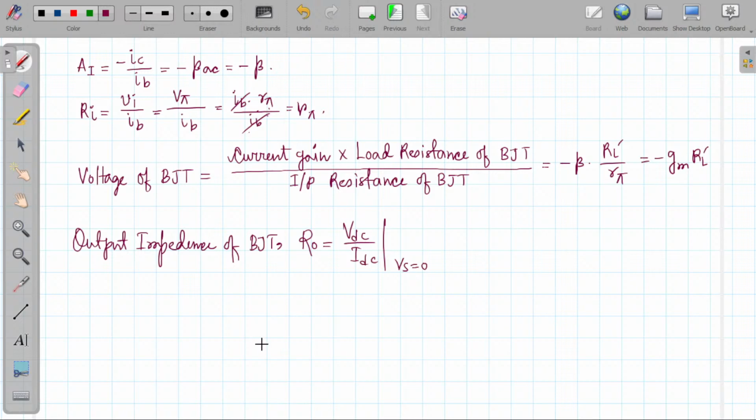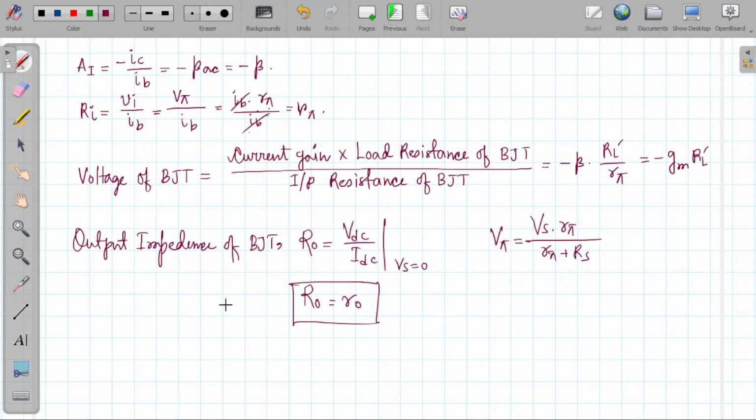And from the voltage divider law, if we want to find V pi, V pi will be equal to Vs into R pi divided by R pi plus Rs. So if Vs is 0, then V pi will be 0. That is, gm into V pi will be 0. So that means the R0 value will be the small r0 value. So this is how you can find the output impedance of the circuit.